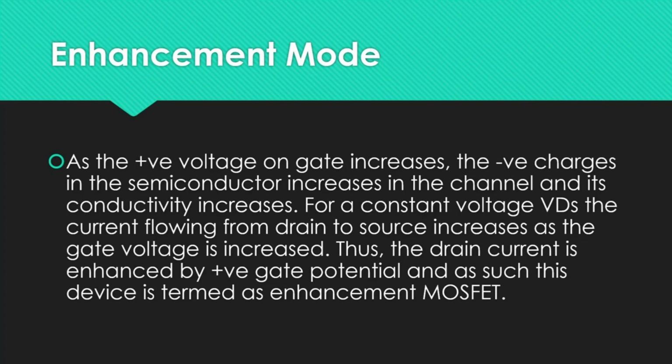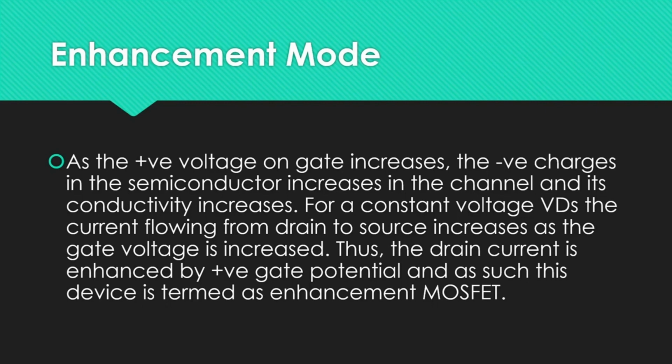For a constant voltage VDS, where VDS stands for voltage across drain and source, the current flowing from drain to source increases as the gate voltage is increased. Thus, the drain current is enhanced by positive gate voltage or potential. As such, this device is termed enhancement mode.